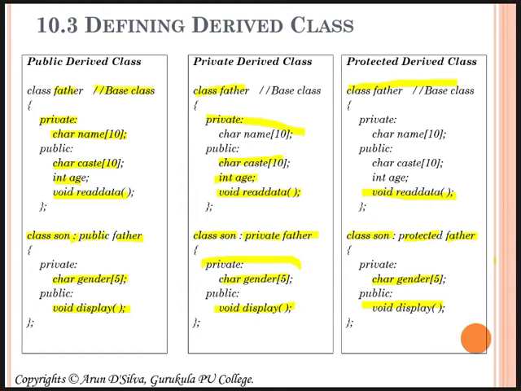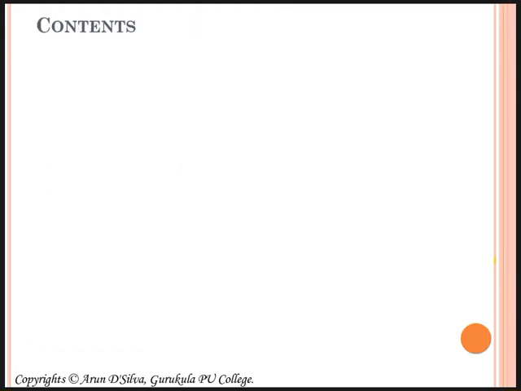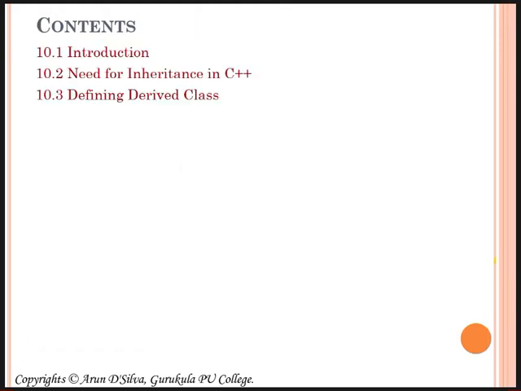Dear students, I'm going to conclude this session with these points. We have already seen the introduction to inheritance, and why we need inheritance in C++. With an example we understood it, and then what advantages there are if we make use of inheritance in a C++ program, as well as the disadvantages, we have gone through.